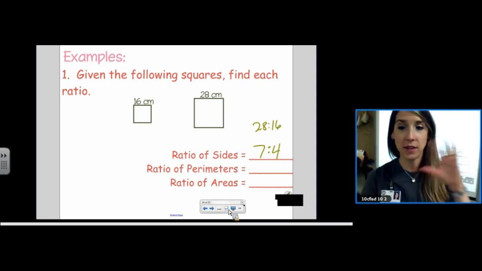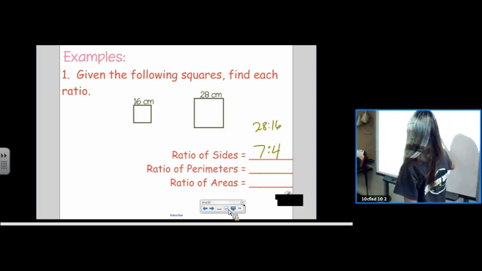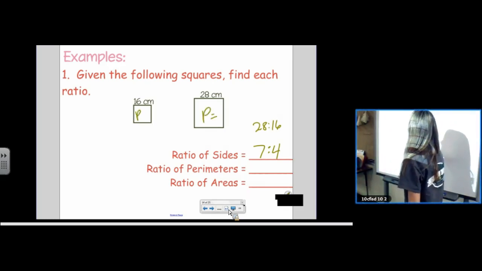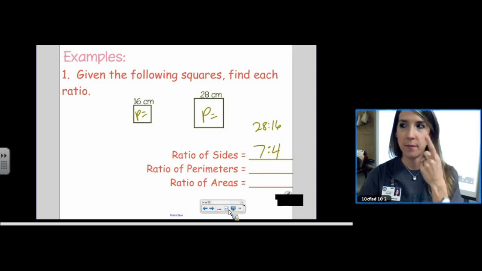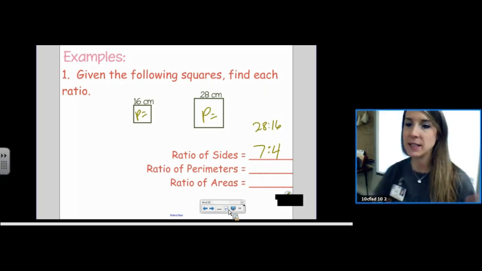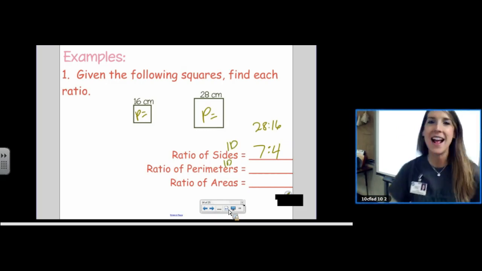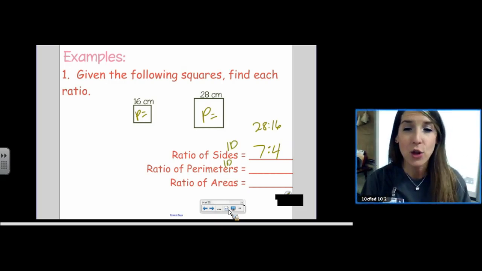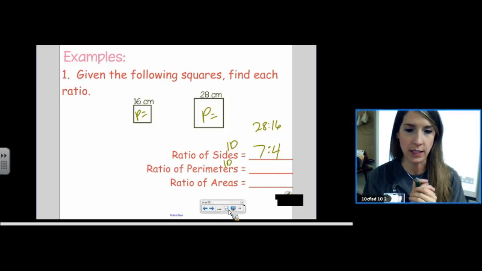Here's where the beauty of the lesson comes in. I don't need to find the perimeter of this square and the perimeter of this square and divide them and reduce them. That's like 4 steps. We get to skip all 4 steps because we learned that since sides are 1D and perimeters are 1D, they will reduce down to the same ratio, even though the sides and perimeters are not the same.